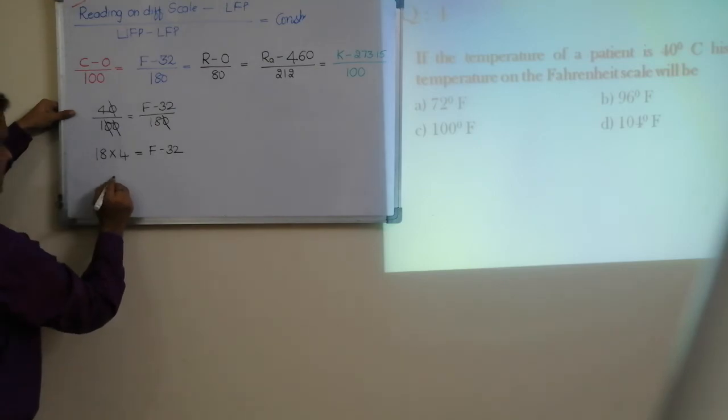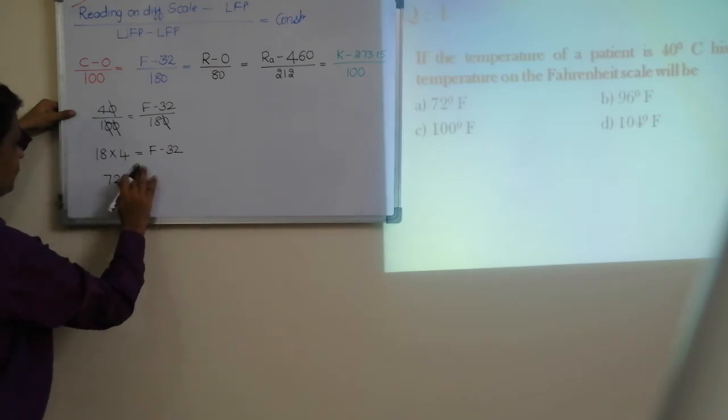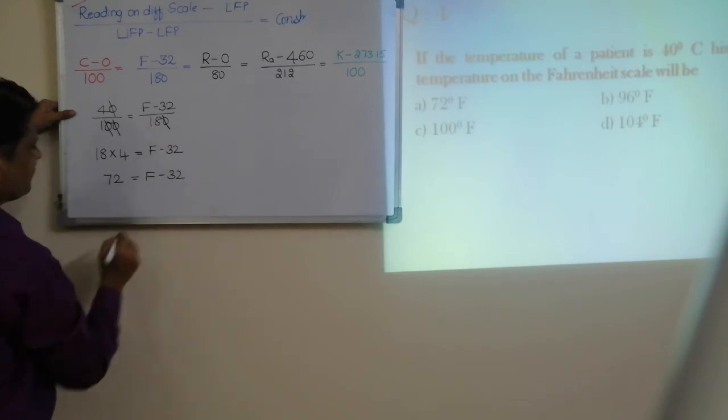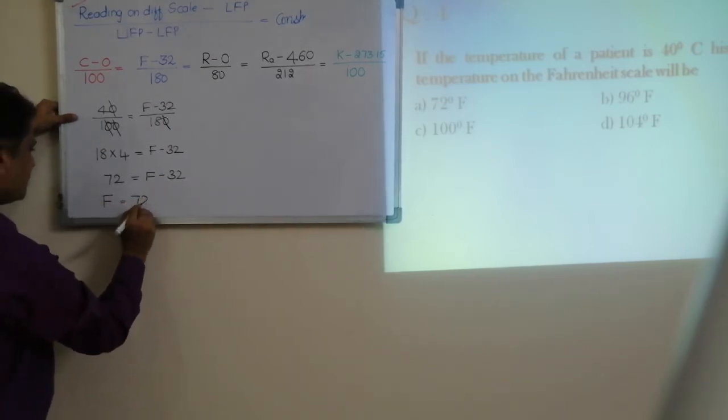So 72 is equal to F minus 32, or F is equal to 72.